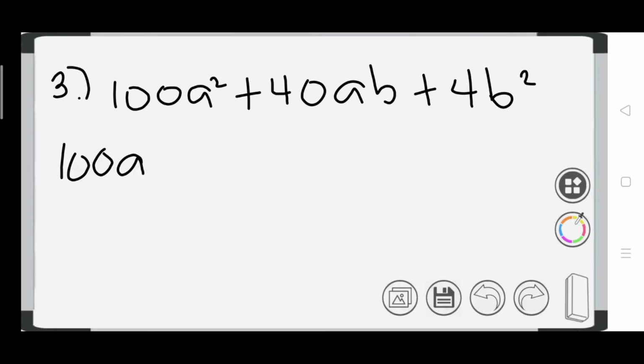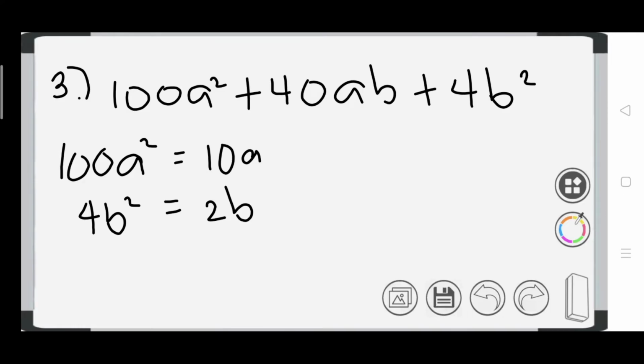So, ang square root ng 100a squared ay 10a. Tapos, yung last term naman, 4b squared is a perfect square. Square root ng 4 ay 2. Square root ng b squared ay b. Check natin yung middle term kung sasakto siya. So, kunin natin yung 10a.